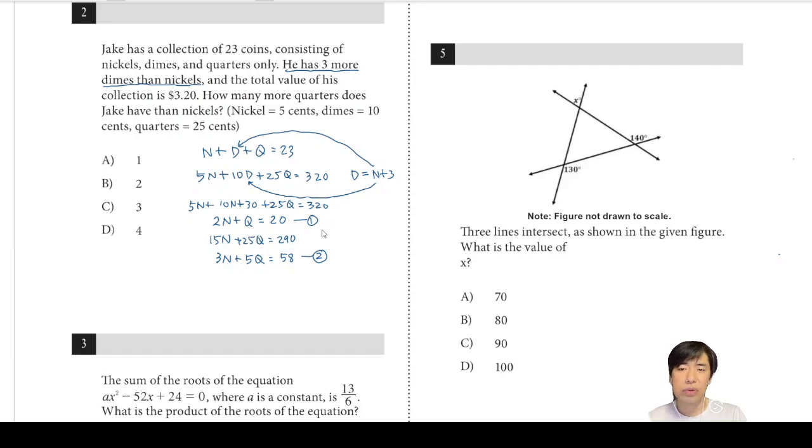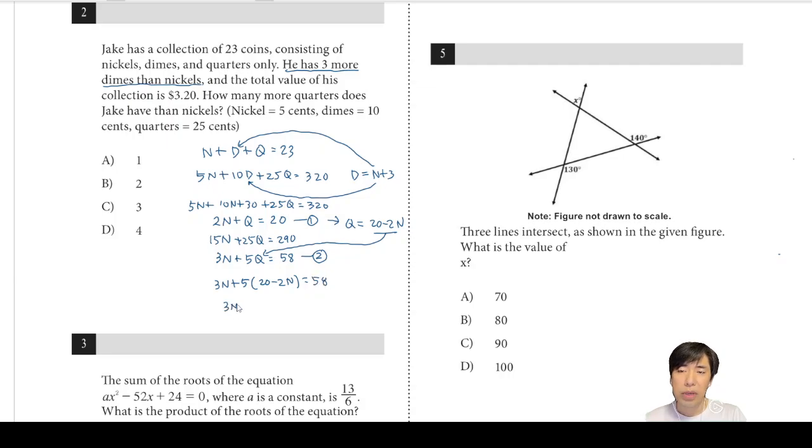Let's use the substitution method. Equation 1 becomes Q is equal to 20 minus 2N, and plug this into this Q. So 3N plus 5 times 20 minus 2N is 58.